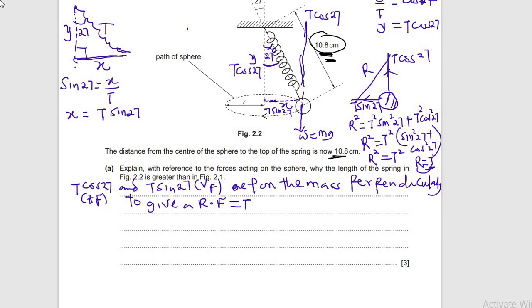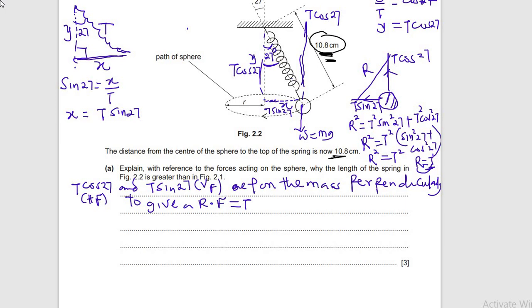Another point is that the force, if you see the body, it moves sideways. It's moved toward the side. Look at it there. Initially it was here. Now it has moved toward the right. So there's a force that sets the body like that.